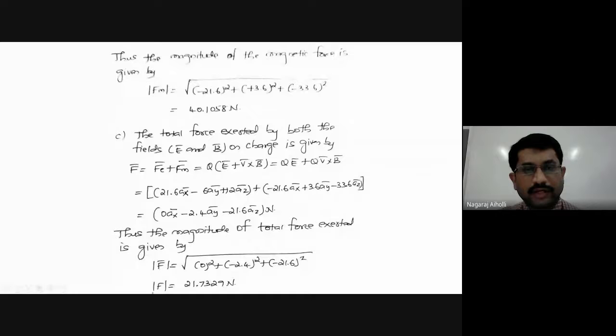How much are you getting, students? What is the value of F bar you are getting? Has anybody calculated?